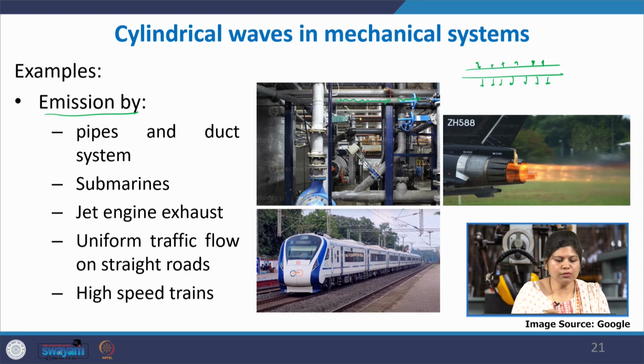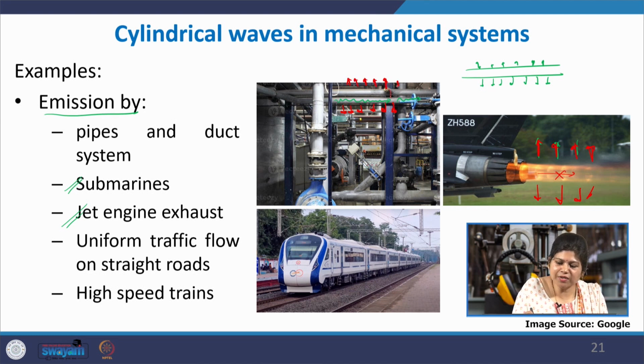In the same way, submarines and jet engine exhaust, by the way the fluid flows over them, are creating these harmonic waves in the surrounding atmosphere, where they are behaving like a line source.